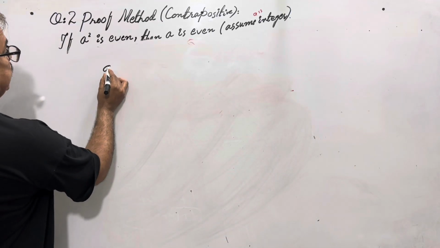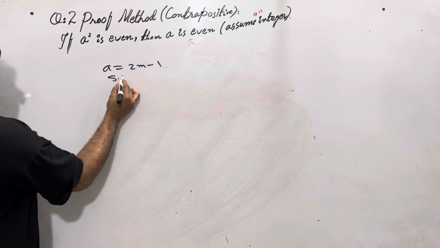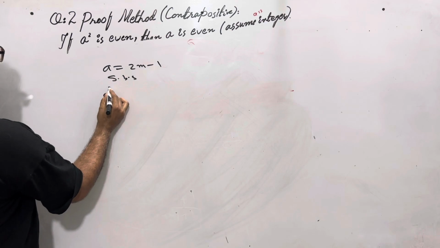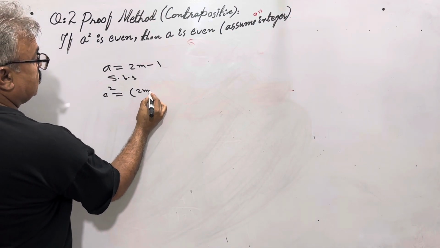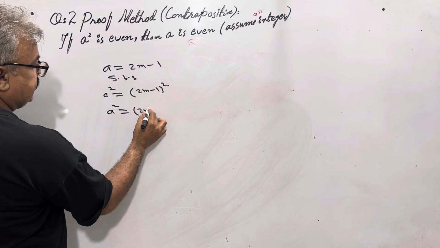Now I take a equal to 2m minus 1, squaring both sides. We have a square equal to (2m minus 1) whole square. Expand this.